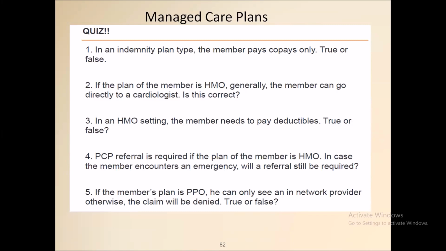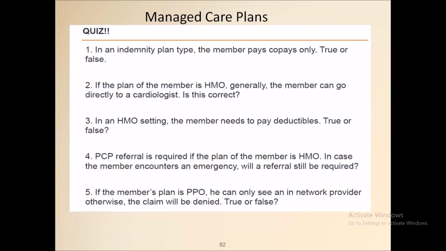If the member's plan is PPO, he can only see an in-network provider, otherwise the claim will be denied. True or false? No. What is a PPO? Preferred Provider Organization.